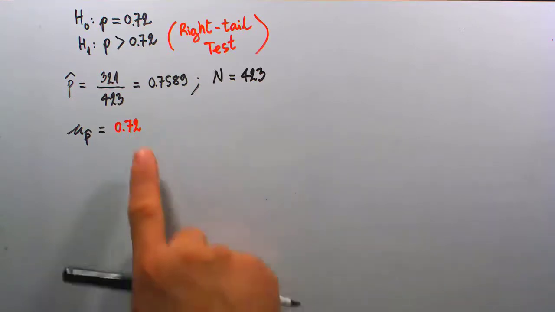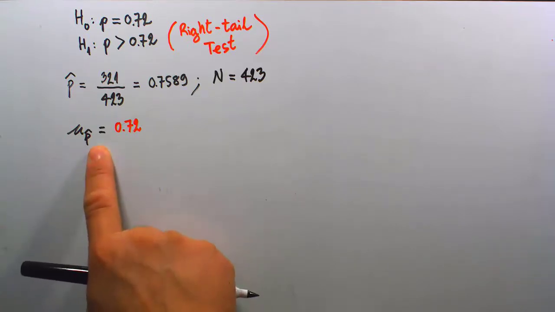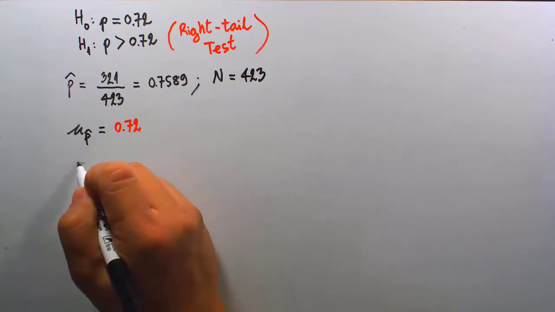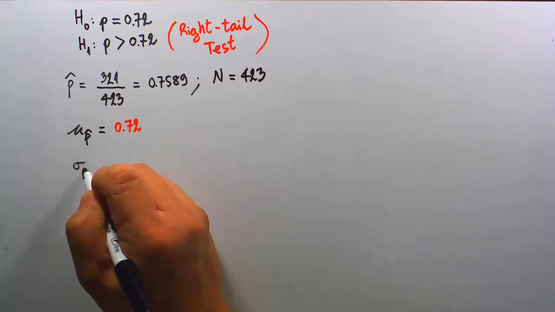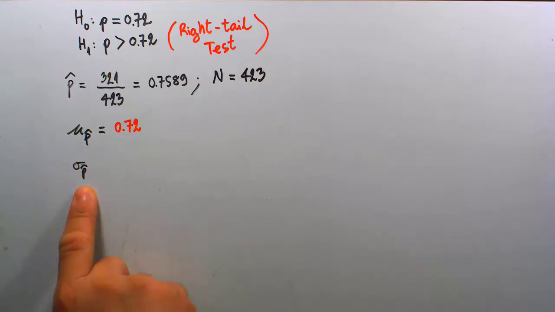After finding the average of all sample proportion values, we are going to find sigma p hat, which stands for the average spread, or standard deviation, of all sample proportion values.